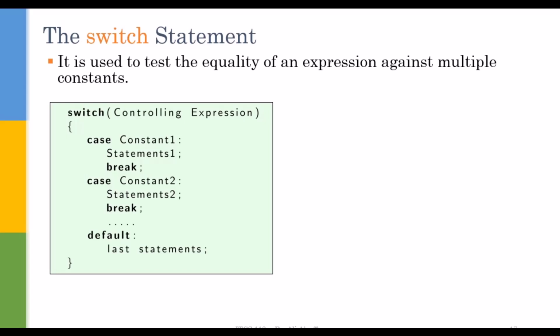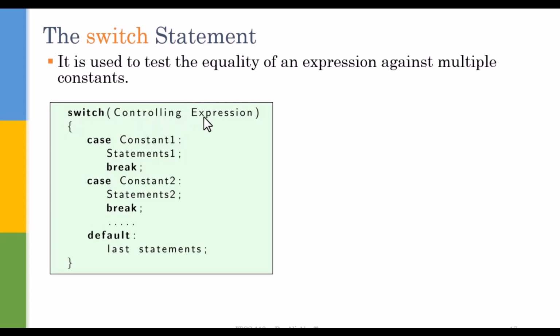If you are testing one variable against many constants, and you are testing for equality, then you can use a switch. If you have a condition that has greater than, less than, or not equal, then you cannot use a switch. So it is used to test equality of an expression against multiple constants.